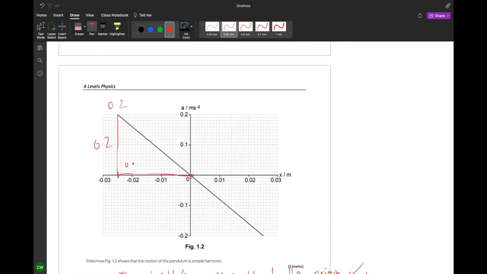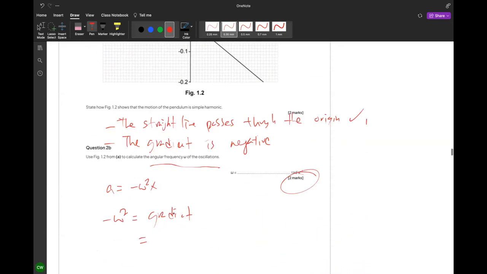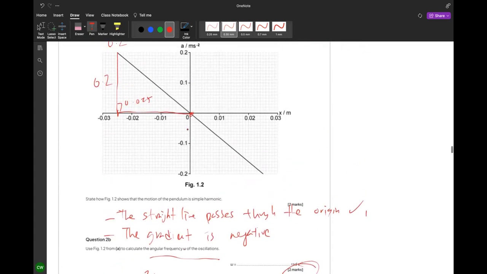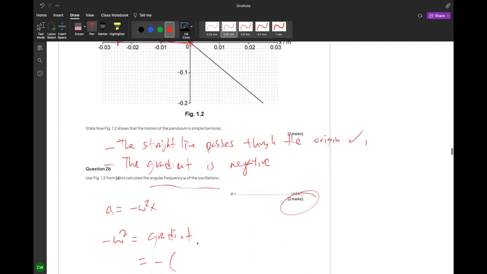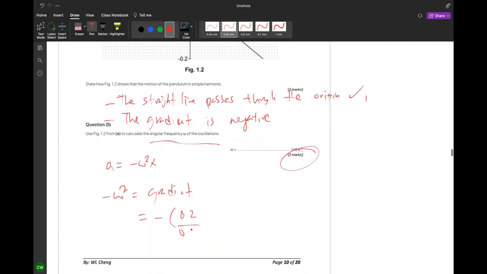This point is 0.025, and it's a negative value because of the negative gradient. 0.2 divided by 0.025, you're going to get 8. Omega square is 8. Omega is square root 8. Square root 8 is 2.83. Unit radian per second. Okay, get the idea?